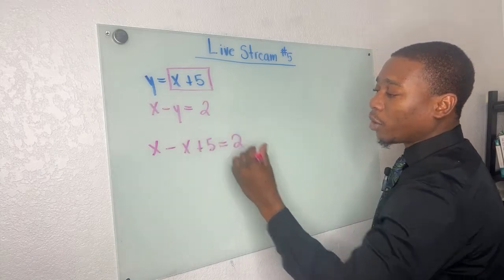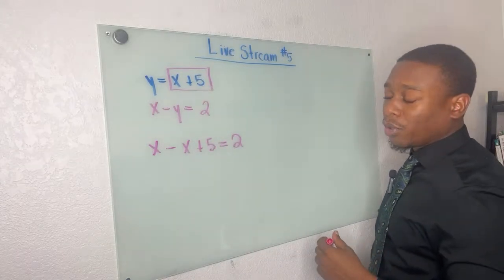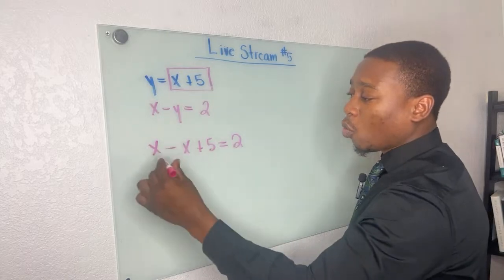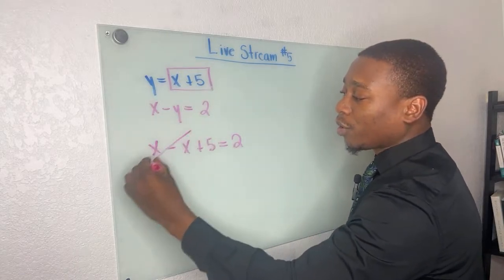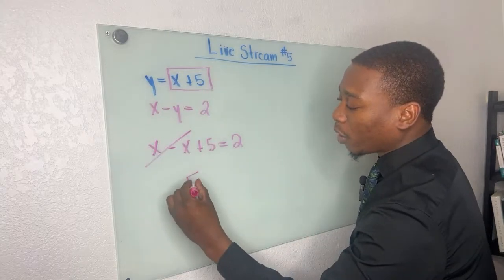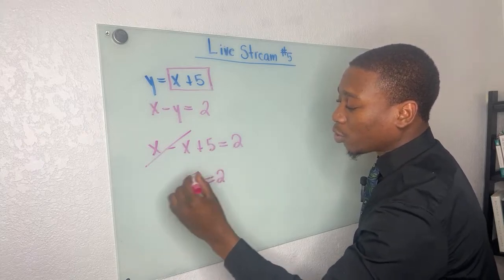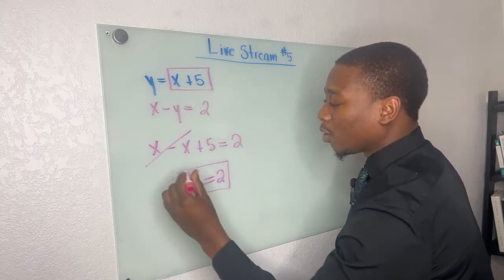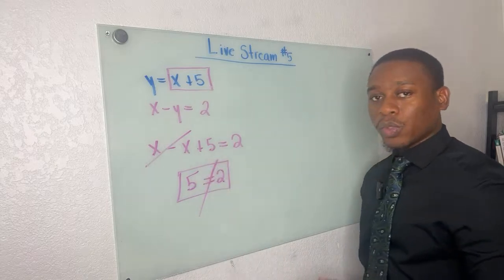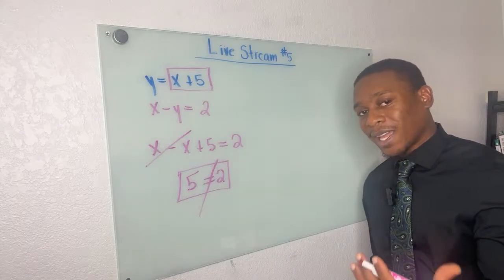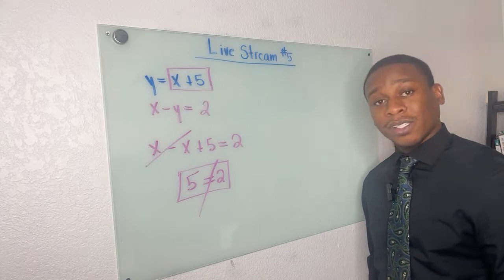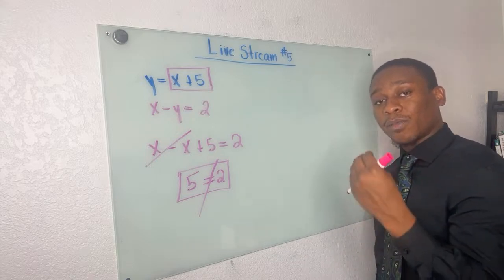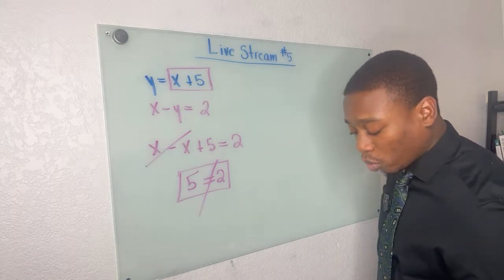And now I'm going to solve for my x variable. But the issue is when we take care of this right here, the x's cancel out and we're left with 5 is equal to 2. So we know that this is not a true statement, right? Exactly. So what this means is that for this system of equations, there is no solution.